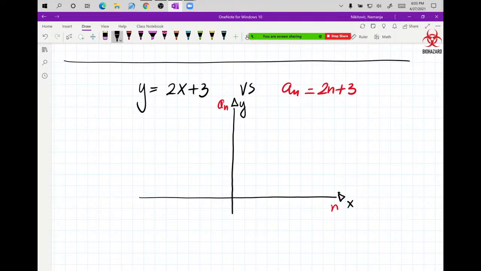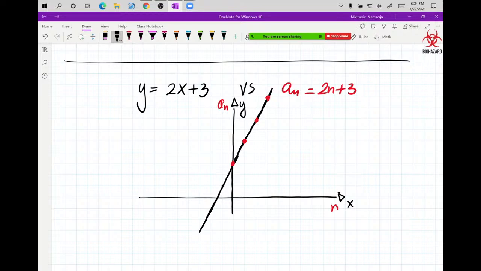All right, so 3, 2 units up, 1 unit over, 2 units up, 1 unit over, there, and there. So I'm going to draw the linear line. The black is the linear line, black is the function. And now I go red, and red and red and red.